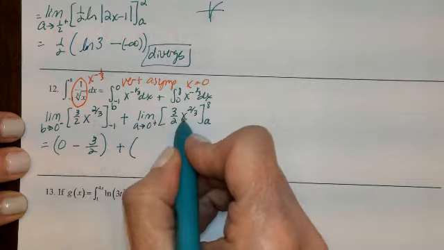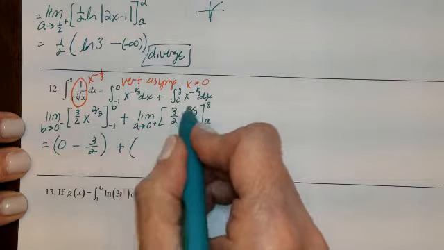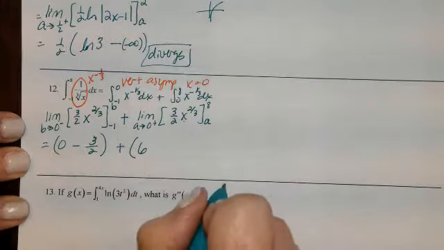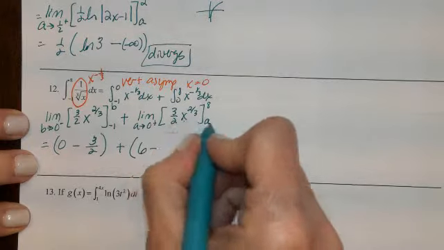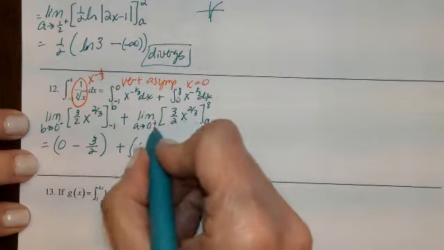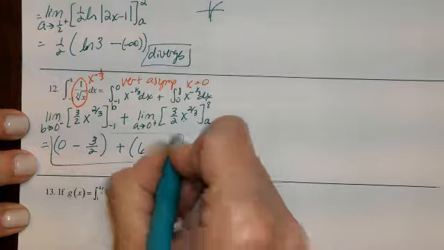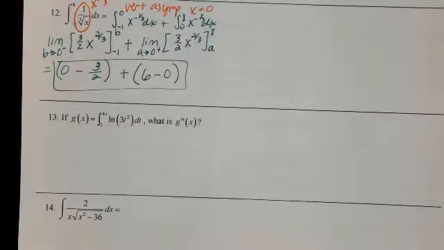Cube root of 8 is 2. 2 squared is 4. 4 reduces with the 2 to get 2, and then 2 times 3 is 6. Maybe you followed that. Hopefully it's right. And then minus, now put a in for x, and let a go to 0, and that will be a 0. That would be your safe stop spot.